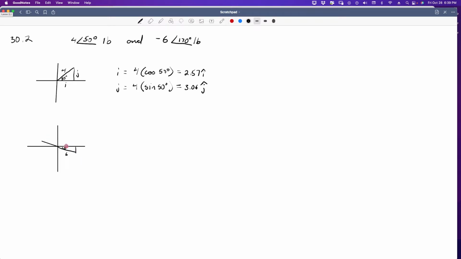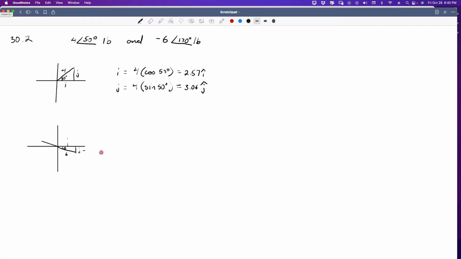So now we have a different degree right here to use. Because it's below, it's still 10 degrees, but it's going to make this a negative number and this a positive number. Our I here is positive, and our J here is going to be negative because it's below the x-axis. Before, it would have been above, and the I would have been negative and the J positive, but when we flip it, it swaps the signs because it swaps the quadrant.